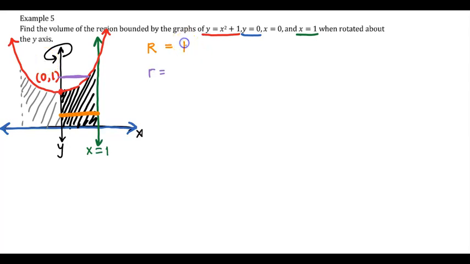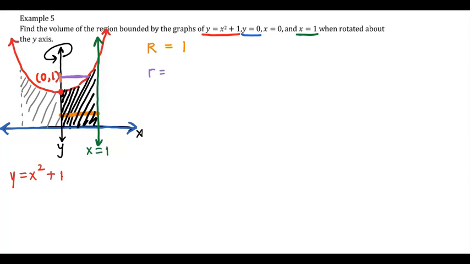Now let's find the length of the purple line segment. The length of the purple line segment goes from the y-axis to the parabola. Now the parabola is y equals x squared plus 1. Those rectangles run horizontally and hit the y-axis.